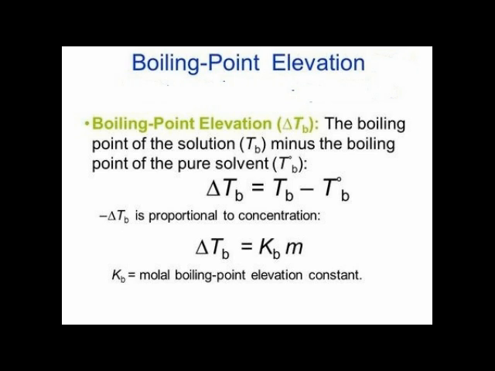What is molality? It is nothing but n by W, number of moles of solute divided by kilogram of solvent, or weight of solvent. So we should concentrate more on the calculation of molecular mass by the use of boiling point elevation.